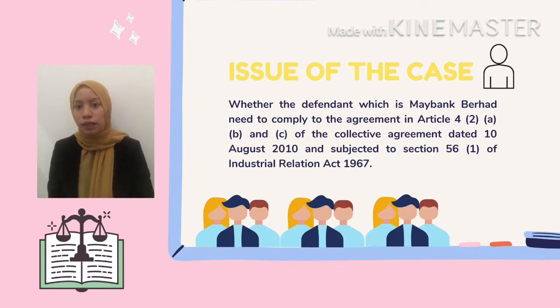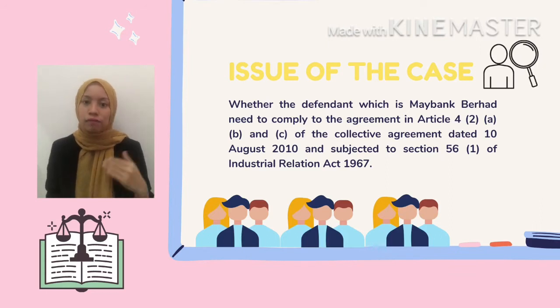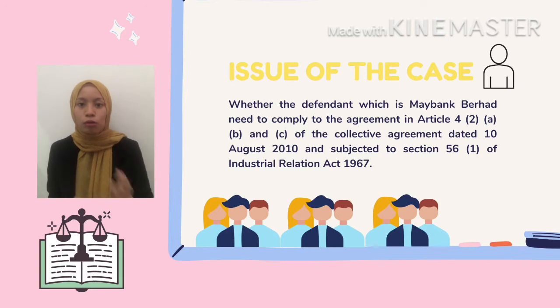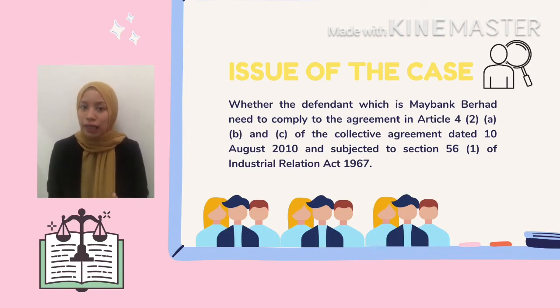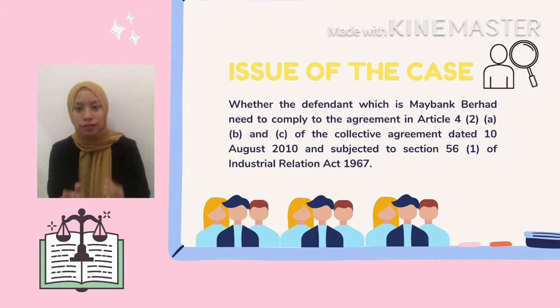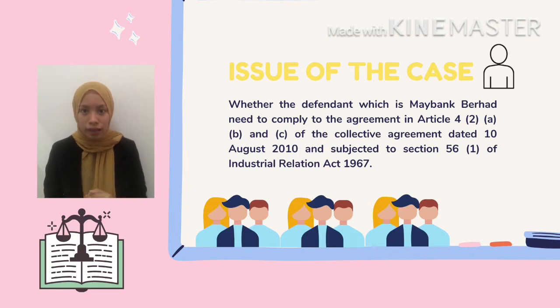Okay, so the main issue under this case is whether the defendant, Berhad, needs to comply with the agreement in Article 4 Sub 2 Sub B and Sub C of the collective agreement dated 10 August 2010, subject to Section 56 Sub 1 of the Industrial Relations Act 1967.